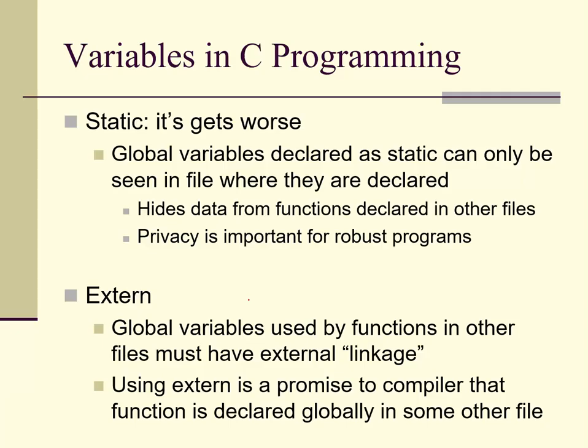And the way I do that is by using the extern storage class on this one. Once again, it's a promise to the compiler that, hey, somewhere out there, just trust me, somewhere when I link this program together, it's going to officially declare that global variable in some other file.